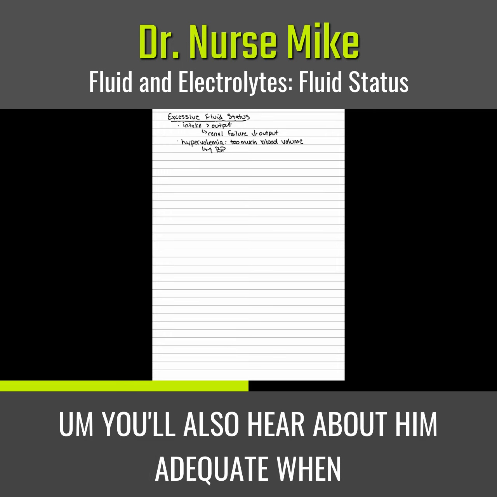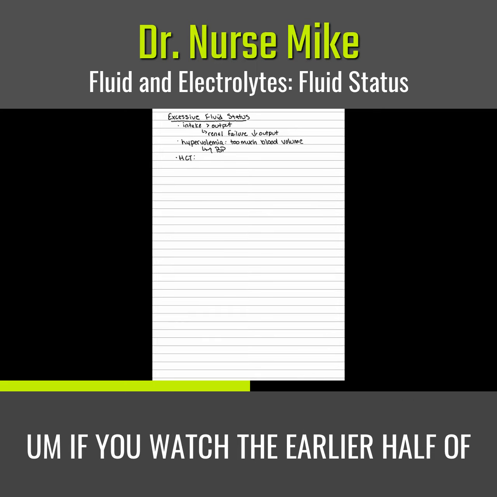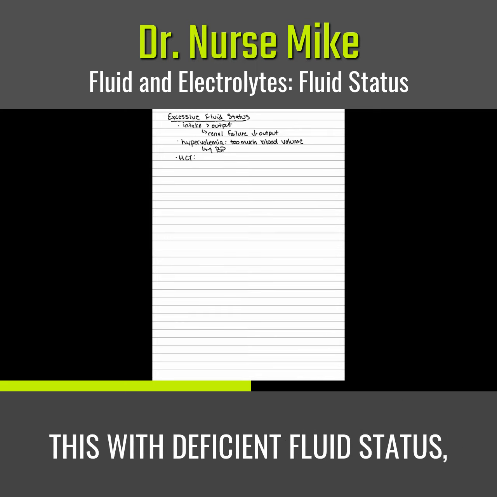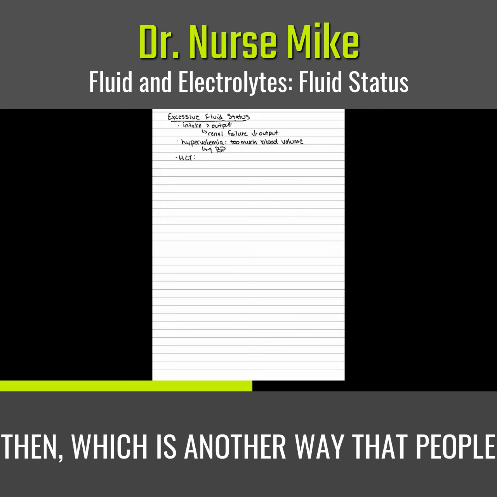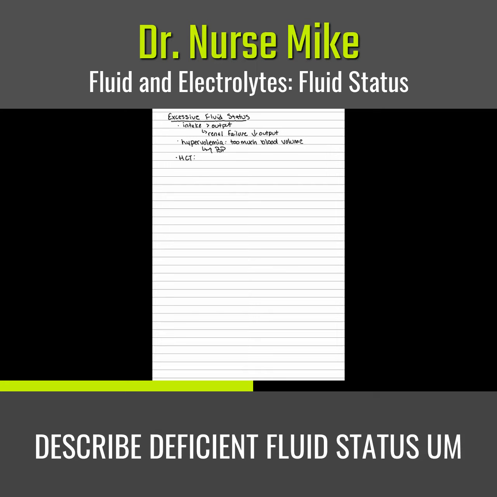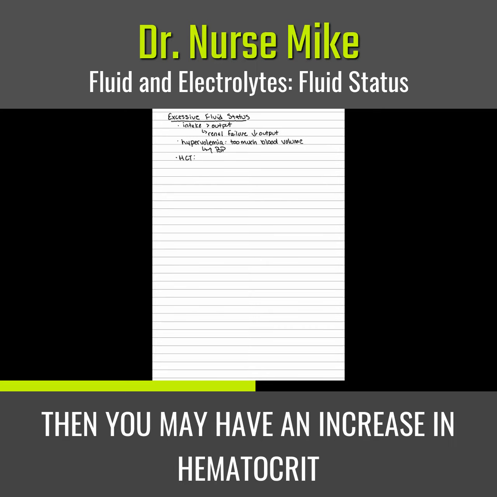Often, you'll also hear about hematocrit when we're talking about excessive fluid status. If you watched the earlier half of this with deficient fluid status, then you know that when you are dry, which is another way that people describe deficient fluid status or hypovolemic, then you may have an increase in hematocrit.